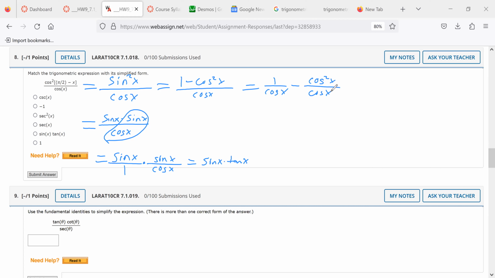I'm just curious. Now I got 1 over cosine minus 1, which is secant minus 1. That doesn't help at all.